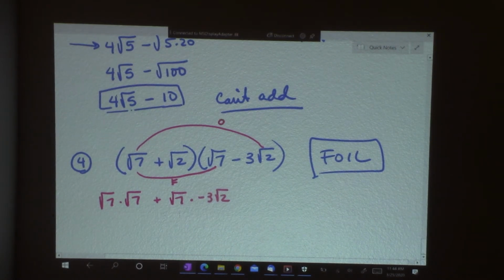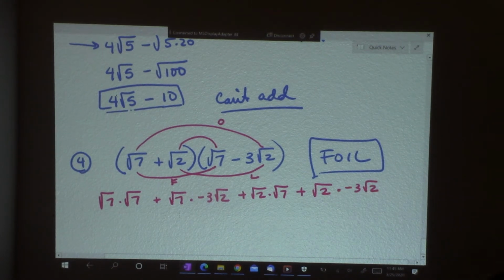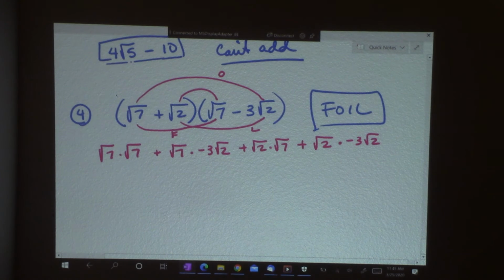That's outside for FOIL. Then I'm going to do inside, which is going to be the square root of 2 times the square root of 7. And then I'm going to do last, which is the square root of 2 times negative 3 square roots of 2. So I have all 4 multiplication problems, and I'm going to work those all out and see if I can combine anything together.